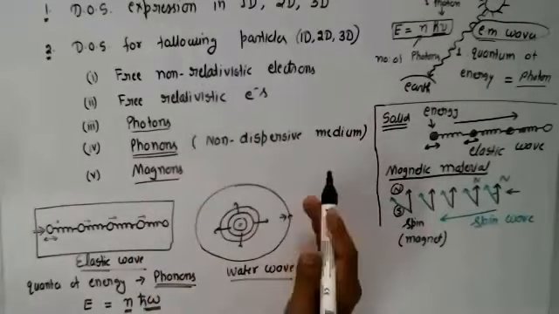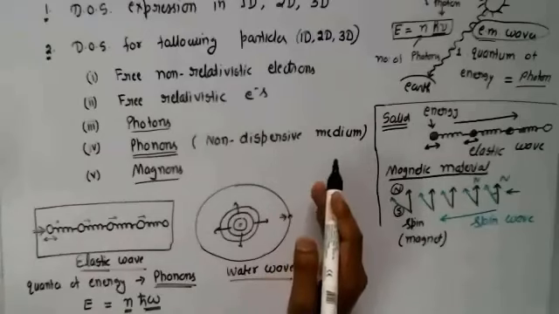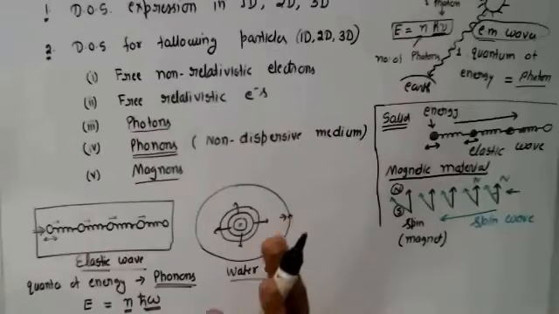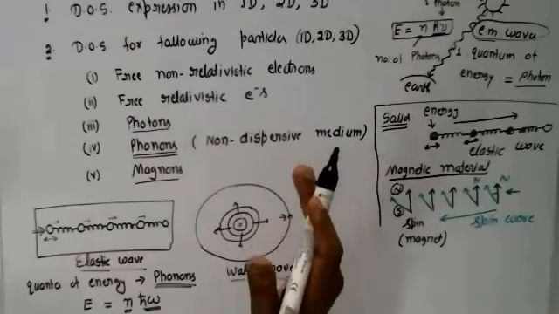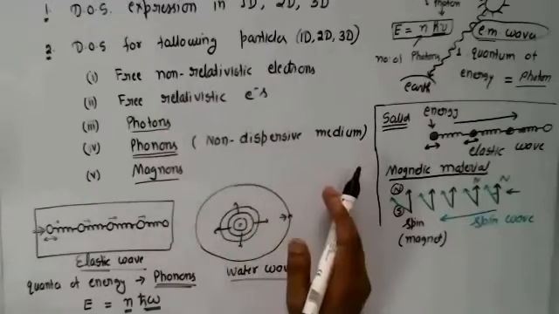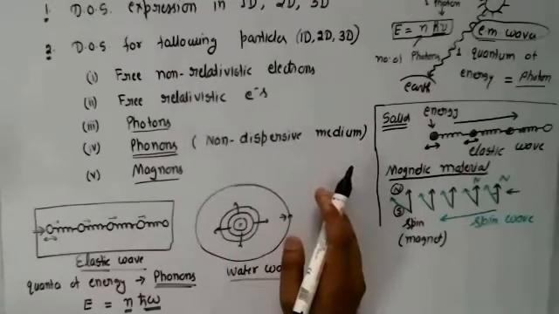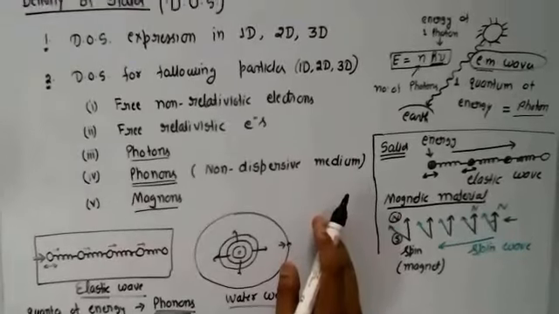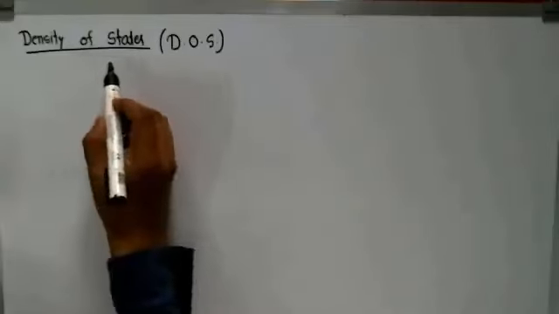If you listen to me carefully for the next 1.5 hours, I can assure you that you're going to be very confident in handling the density of state expression for any type of particles in nature. Okay, so shall we start then? So we're going to understand the density of state now.